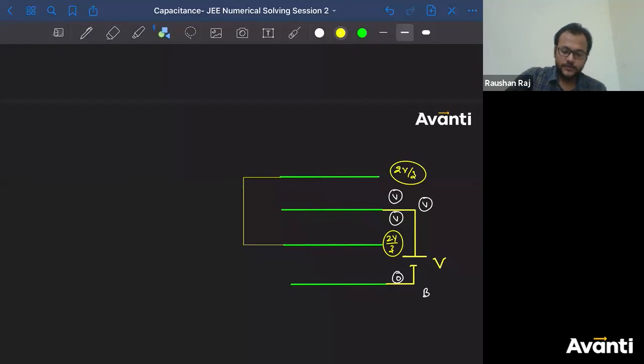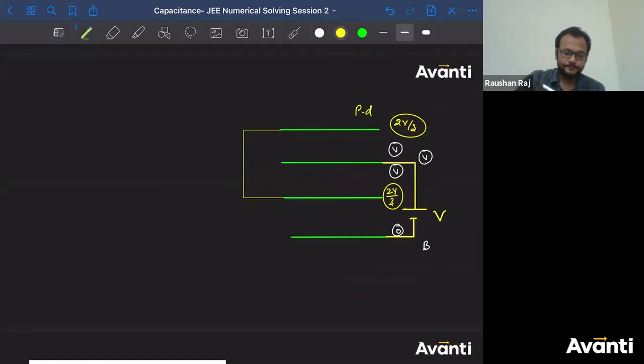All right. So now let us denote the potential differences. What is the potential difference across this one? So this is 2v by 3. This is v. So this will have v by 3 as the potential difference. Let me put this in a box.